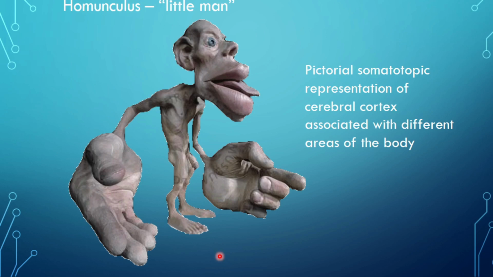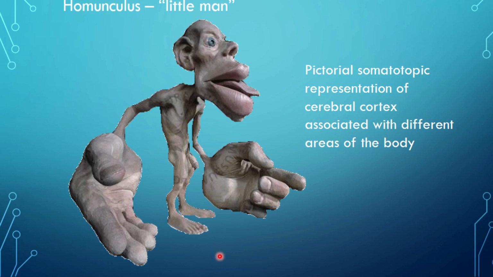So for example, the areas of your body that are more mobile or more sensitive, such as your fingers or lips, will occupy a much greater portion of the cerebral cortex than other areas of your body which move less or are less sensitive, say like your trunk.